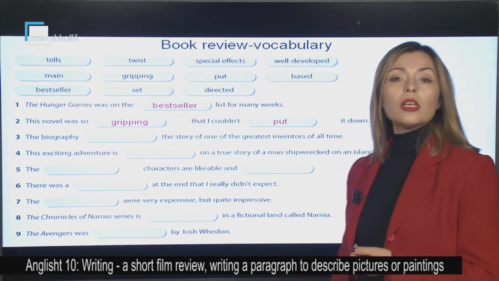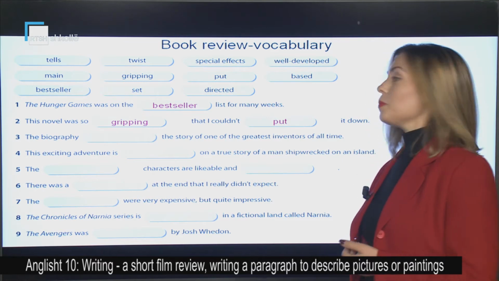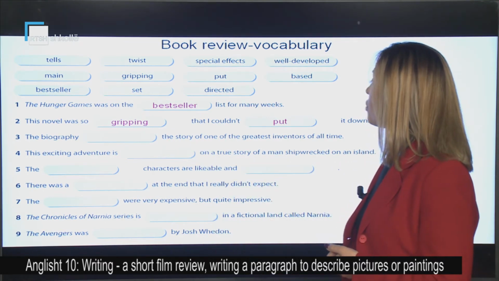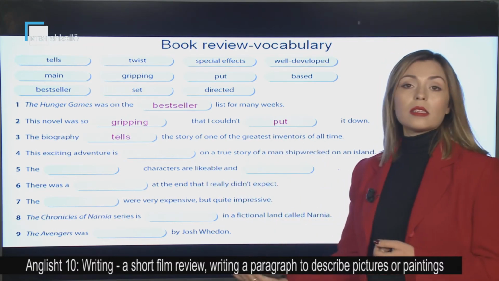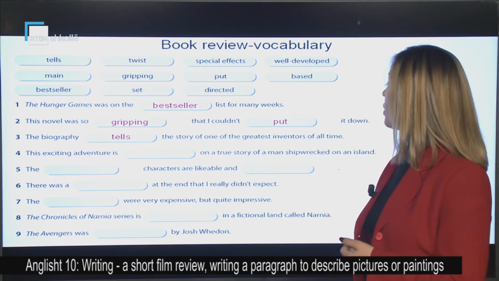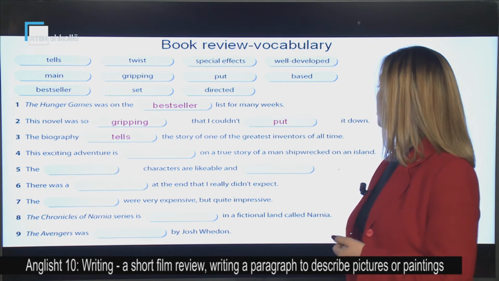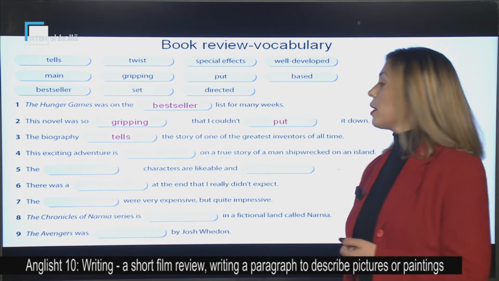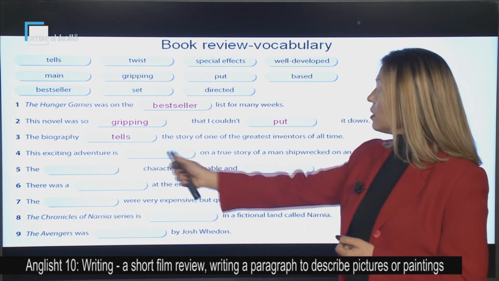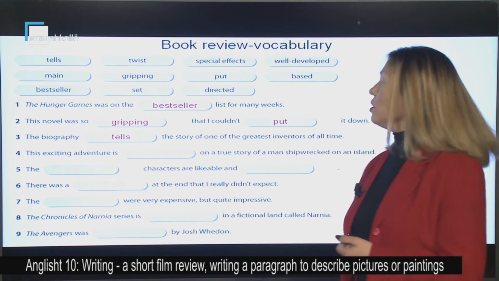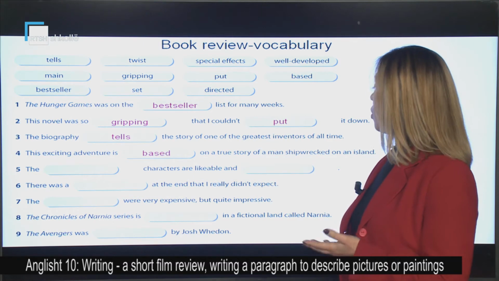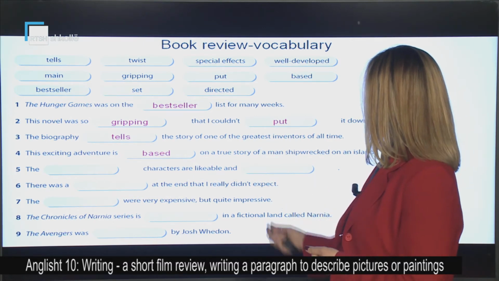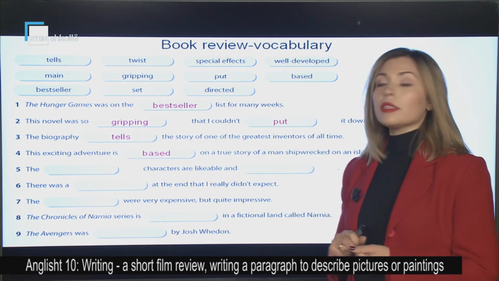I couldn't stop reading it. The biography, what? The biography tells the story of one of the greatest inventors of all time. This exciting adventure is what? Is based, of course, on a true story of a man shipwrecked on an island.